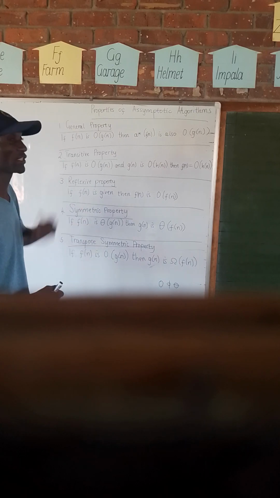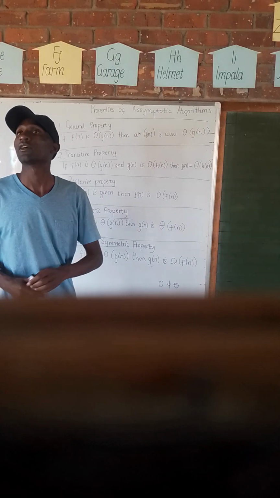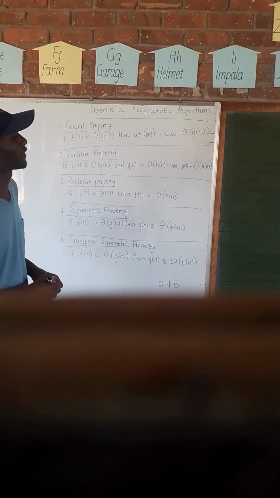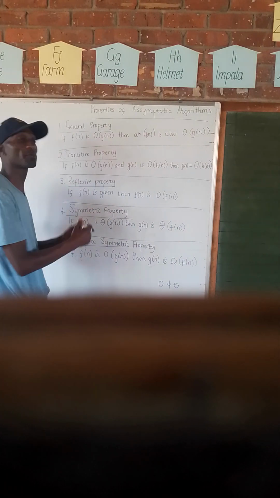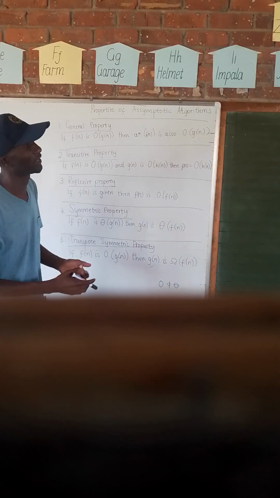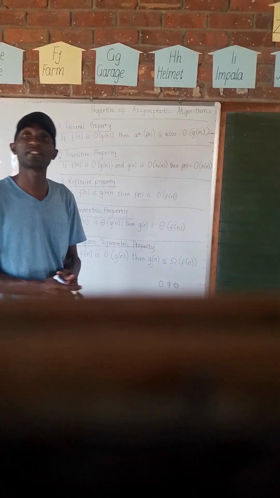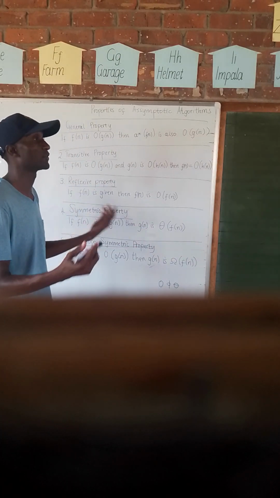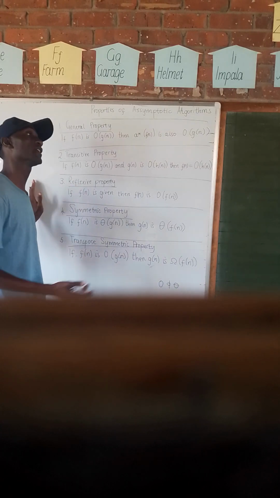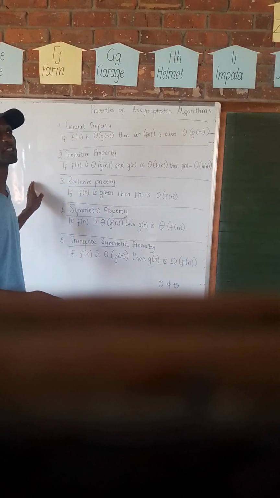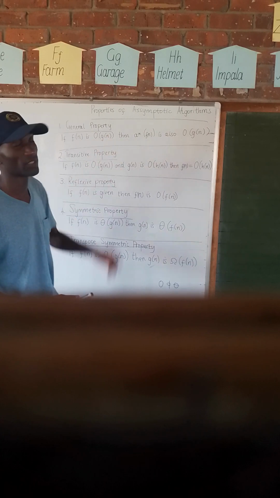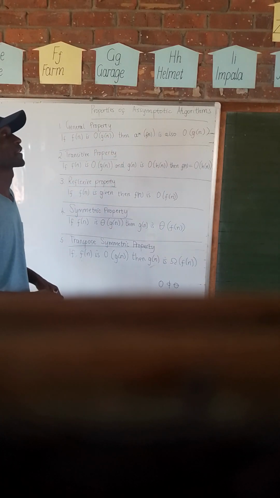And those three notations also give us a way of coming up with a conclusion to say this is the average case, or when we talk of the runtime, this is the best case and the worst case. These are reflected by the three notations that I have stated.